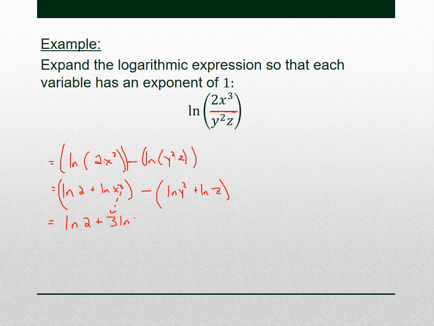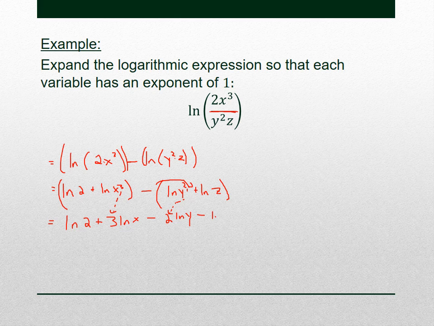We do the same thing with this y squared. It brings a 2 to the front, so that's 2 natural log of y. And then don't forget to distribute this negative sign, so we get minus natural log of z.